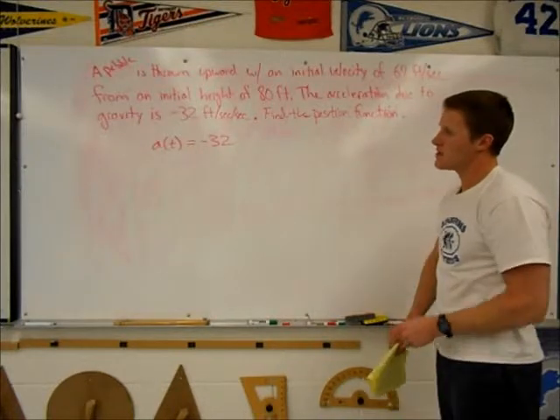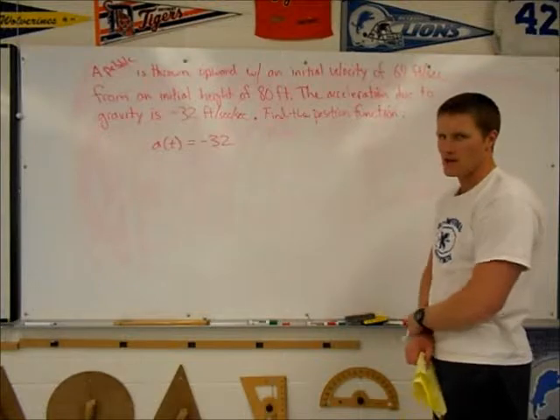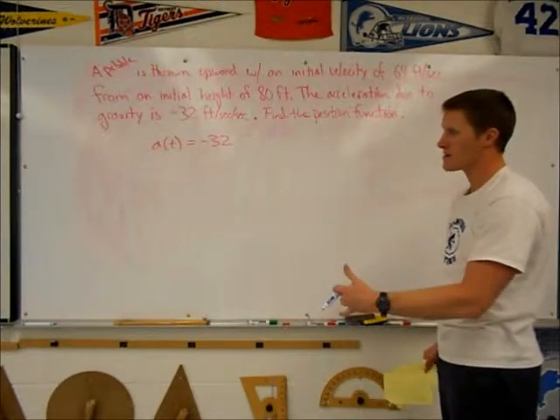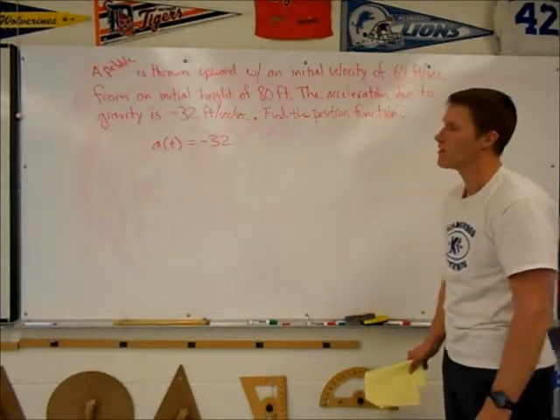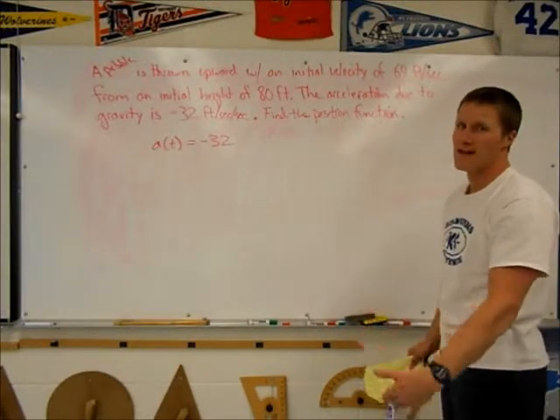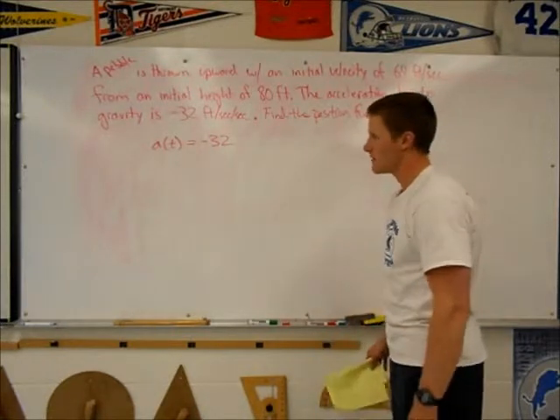We established the relationship between position, velocity, and acceleration in the first semester. So to go from acceleration to velocity, I've got to take an antiderivative. Because to go from velocity to acceleration, you take a derivative. Acceleration is the rate of change of velocity.